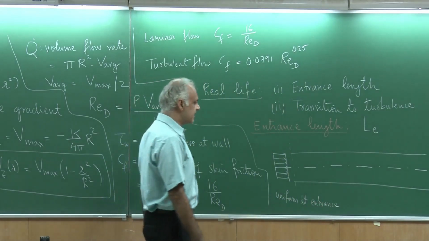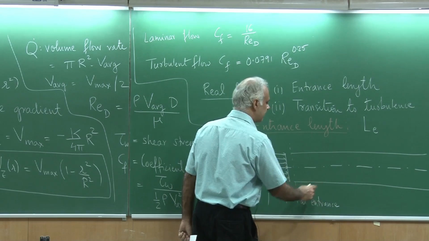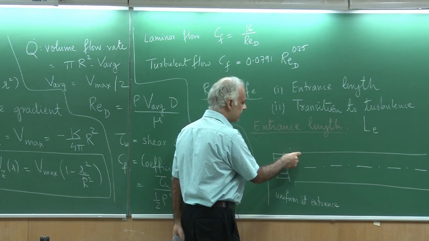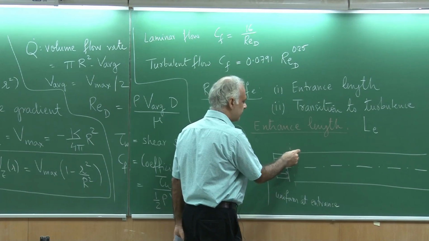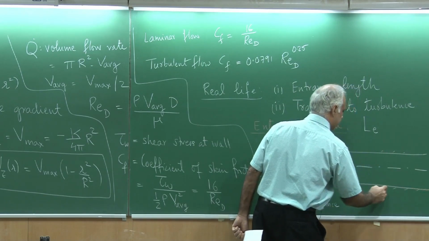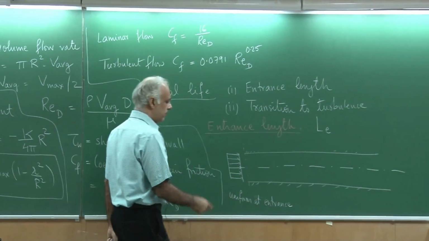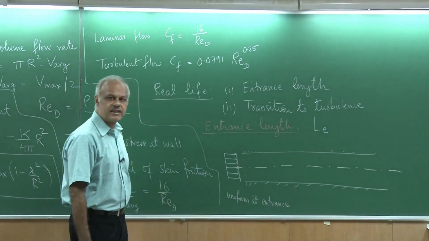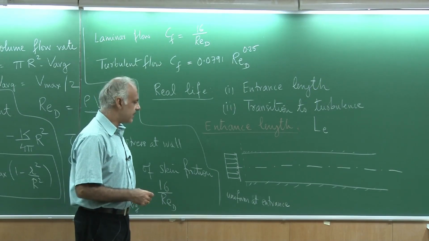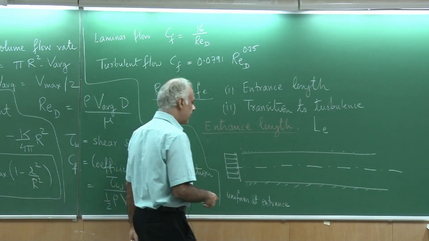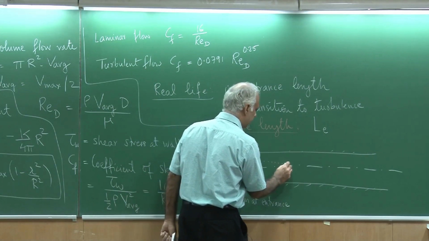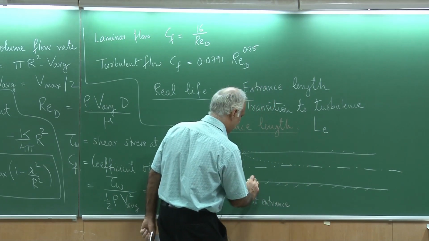Then because of the viscous action, a boundary layer starts developing. Because of the no slip boundary condition, the fluid particles that are in contact with the surface of this pipe are actually at rest. But the ones which are far away, maybe close to the center line, they still do not feel that there is any viscous action. So you get a profile where the viscous effects develop, and they may look something like this.